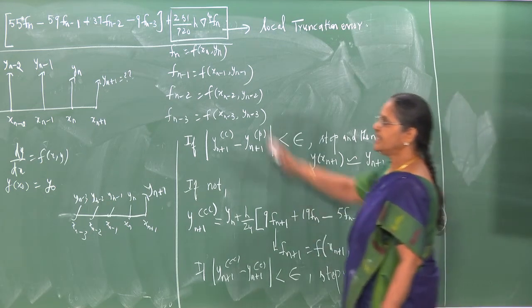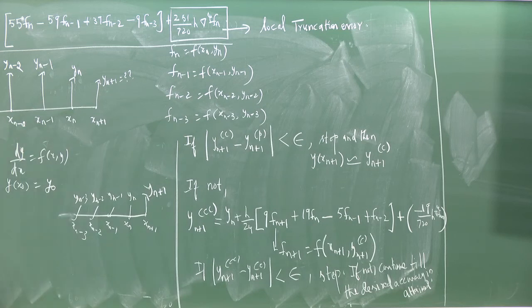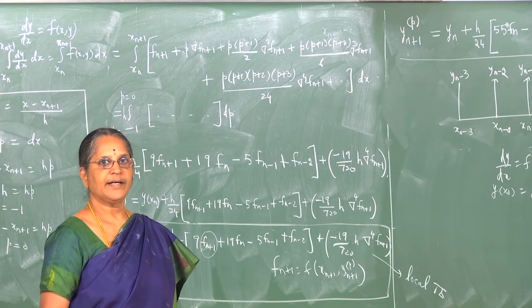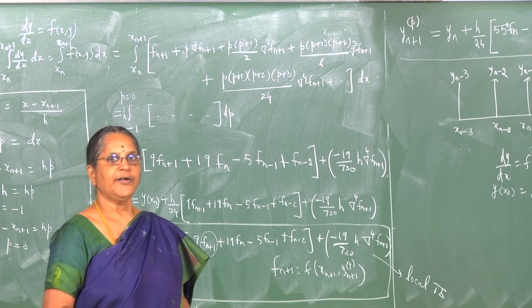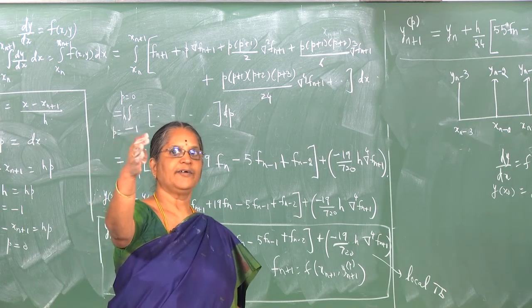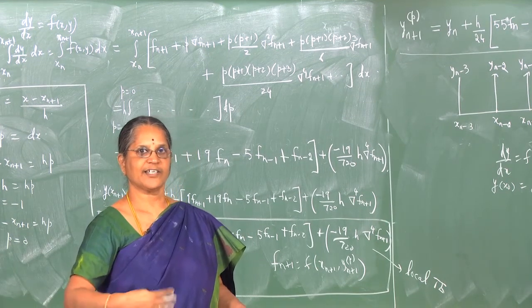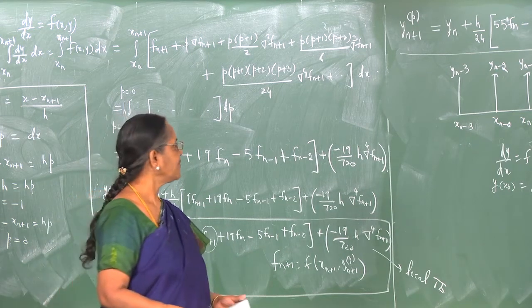So, the predictor-corrector method helps you to obtain the solution of dy by dx is equal to f of x comma y, correct to the desired degree of accuracy by using the predictor. You predict the value and then you can successively recorrect using the corrector till the accuracy is attained.